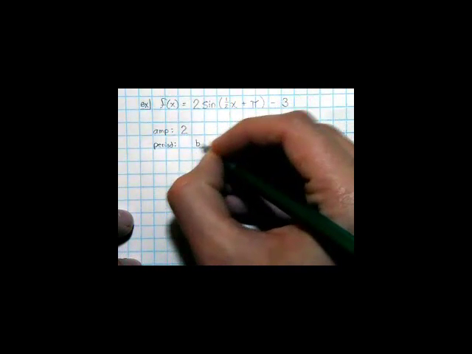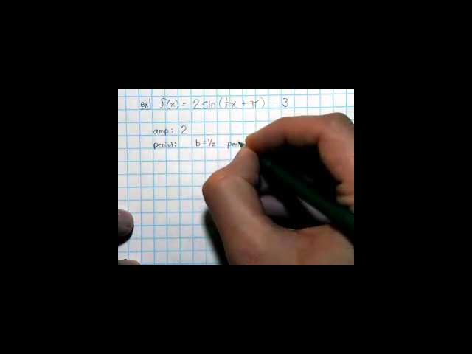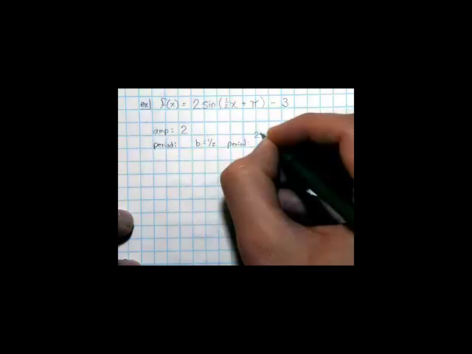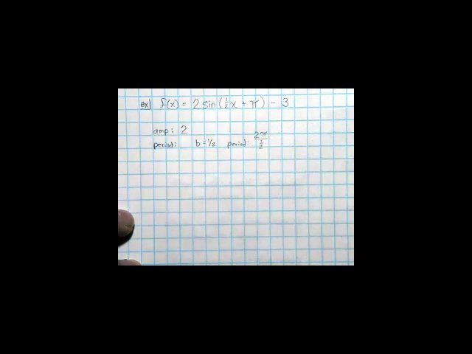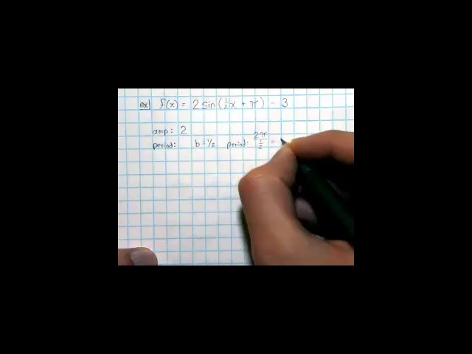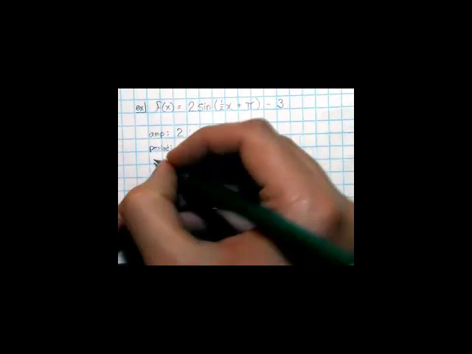So B is equal to 1/2. So the period is 2 pi divided by 1/2. Well, dividing by 1/2 is the same thing as multiplying by what? 2, right? So it's 4 pi. Okay, so amp is 2, period is 4 pi.